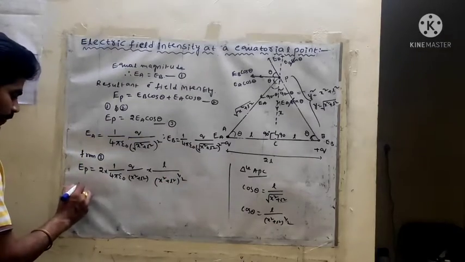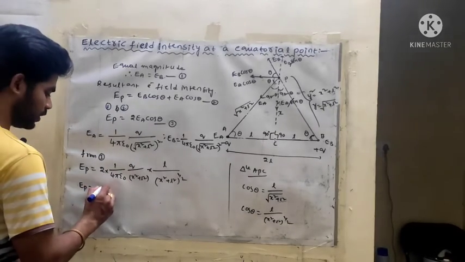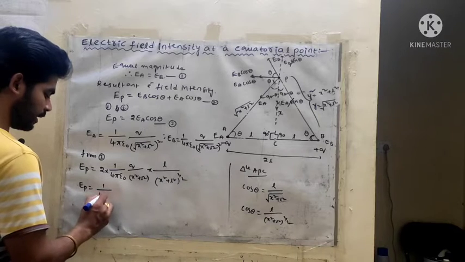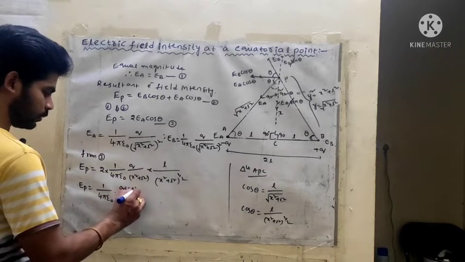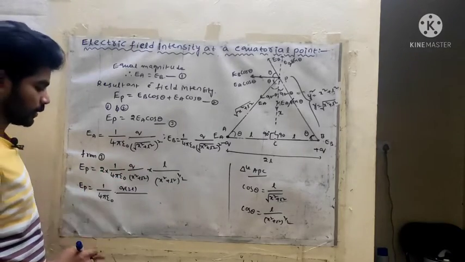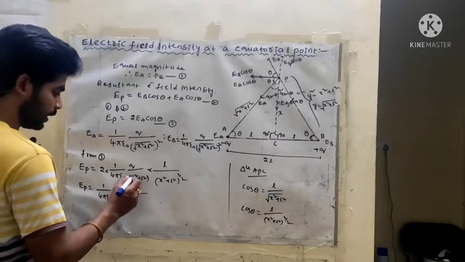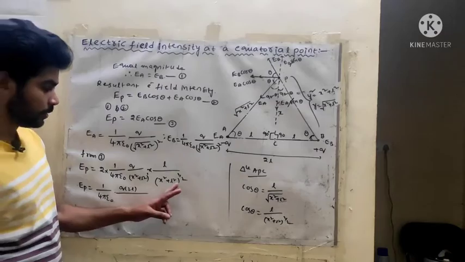So finally, electric field intensity at P point is 1 by 4 pi epsilon naught into q into 2L by x square plus L square, here power 1, here 1 by 2.